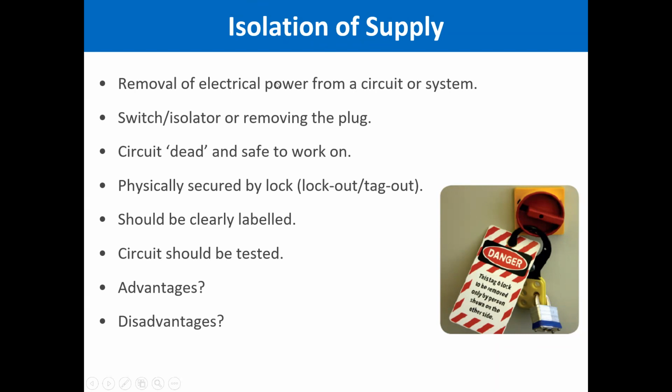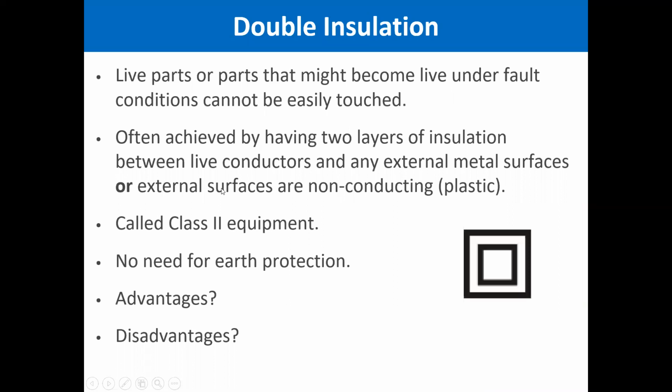The removal of electrical power from a circuit or a system is called isolation of the supply. The switch or isolator is turned off, or you remove the plug. The circuit is considered to be dead and safe to work on. It is physically secured by a lock, by putting a lock and a tag on it, and it should be clearly labeled, and the circuit should be tested.